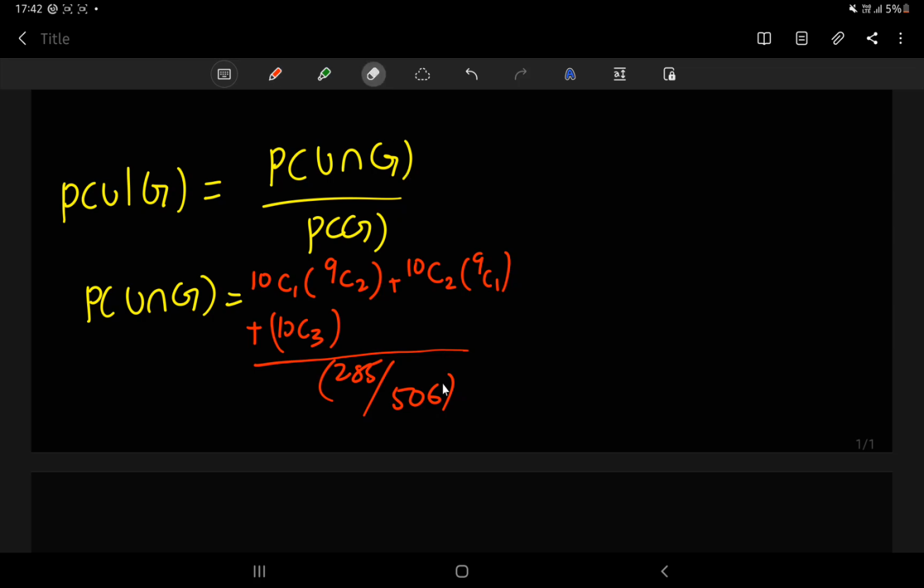Alright, sorry, my mistake. So it is not divided by probability of g, because probability of g is referring to probability of u given g, but this is probability of u intersection g, so they are different. So we need to divide by the total possible way of the 3 stem to be missing, which is 24 choose 3, right?